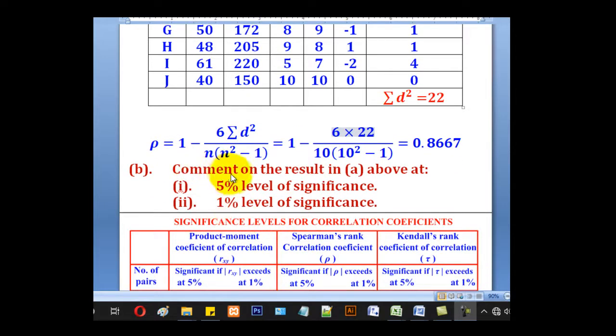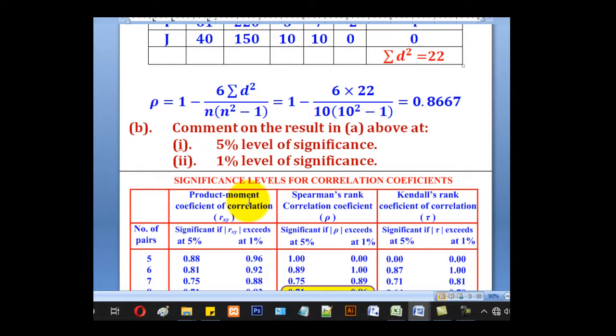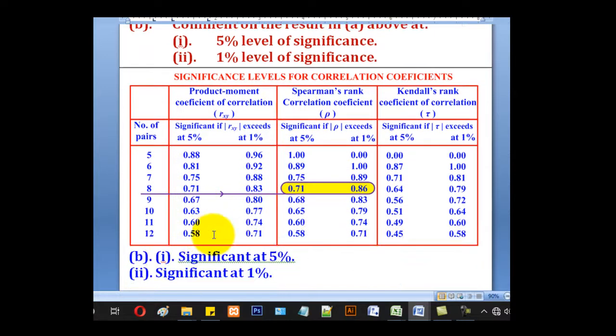Now part B, they wanted us to comment on this result at 5% level of significance and 1% level of significance. That comment is got with the help of a table which is found in the booklet of mathematical tables under significance levels for correlation coefficient.